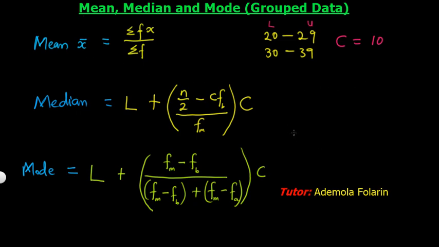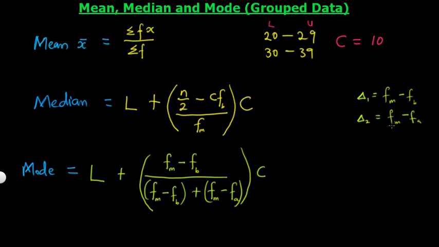So oftentimes, to make students find interest in this, I advise students that instead of using this that may look confusing, you can do it this way. Delta 1 is the frequency of the modal class minus the frequency before. Make delta 2 the frequency of the modal class minus the frequency after.